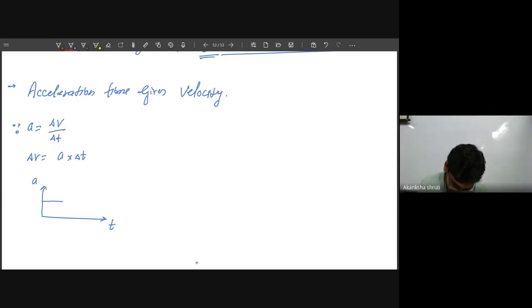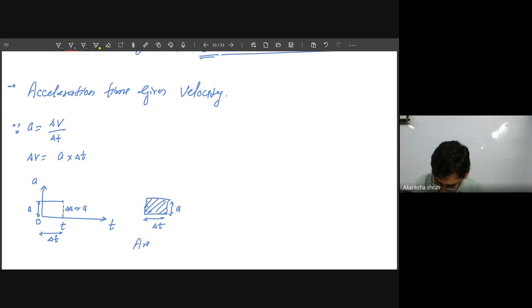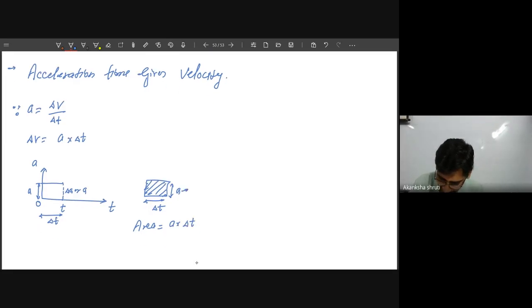If we take only one plot in this time, starting from 0 to T, this value gives us the delta T. And this vertical value was the acceleration, given by A or delta A. Now multiplying these two, it is like a rectangle whose one side is represented by A and the other side by delta T. So the area is calculated by multiplying this A with delta T. A is here our acceleration, you have to keep in mind, and this is our time interval.